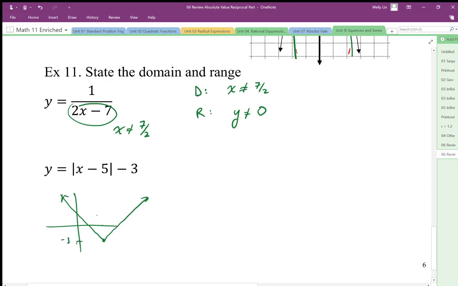That means that if it's facing up, we know that the domain, first of all, will be all real numbers. The range then is going to be everything from that vertex point up. So y is going to be greater than or equal to -3, and we can locate the vertex knowing how this graph looks.